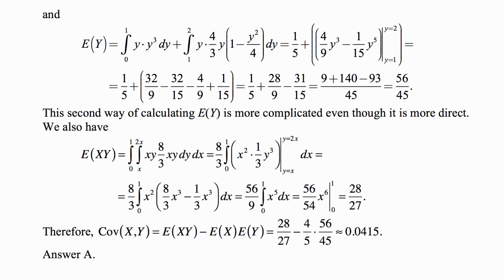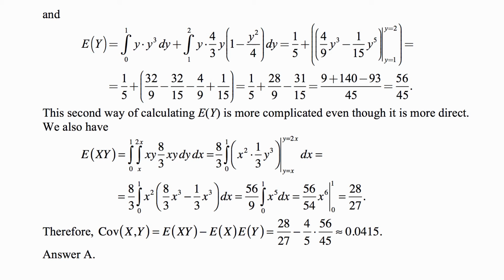And then the expected value of y is the integral from 0 to 1 of y times y cubed dy, because that's the formula for the density of y between 0 and 1, plus integral from 1 to 2 of y times 4/3 y times 1 minus y squared over 4 dy, because we have a different formula for the density of y in the range of values of y between 1 and 2.